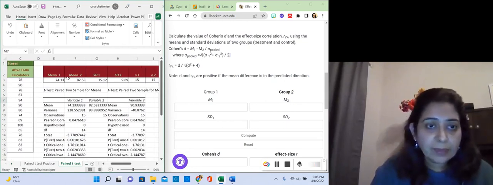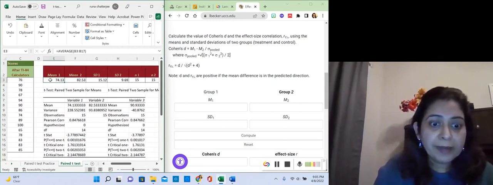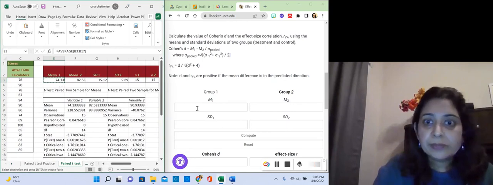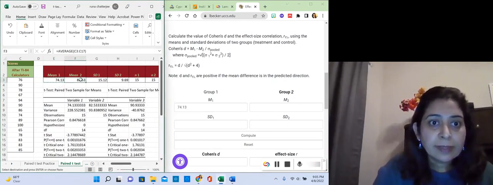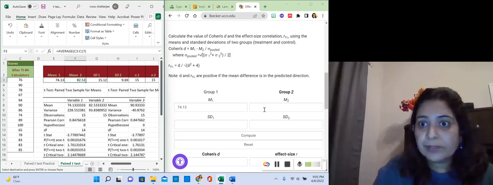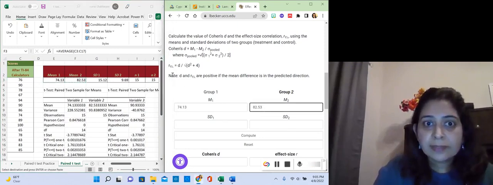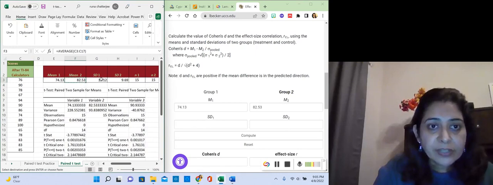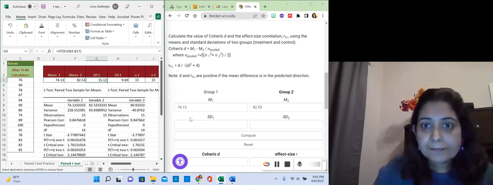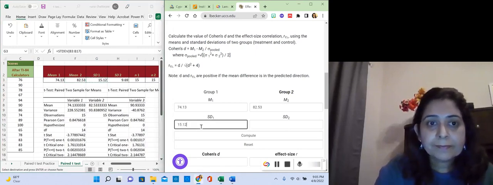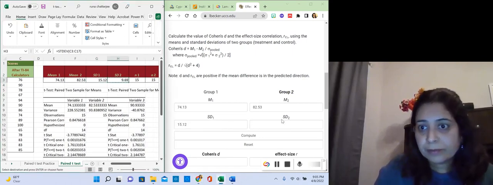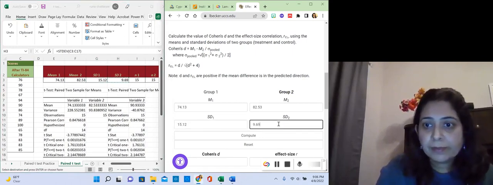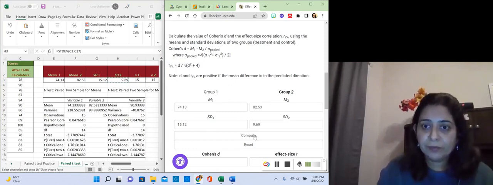So I'm simply going to copy my mean value into this box, mean 2 value into the second box, standard deviation, standard deviation 2, and then compute.